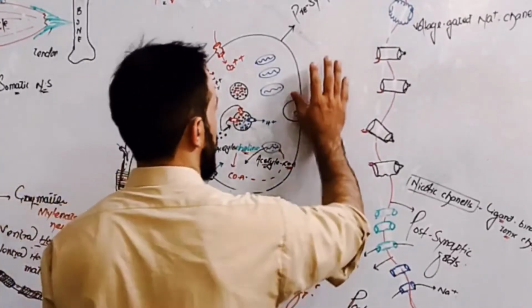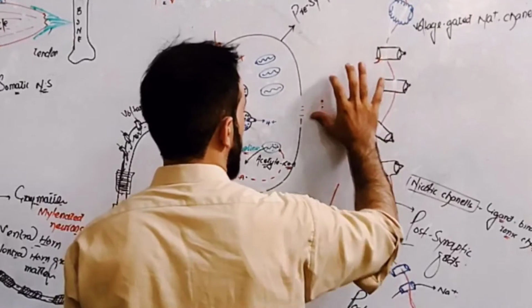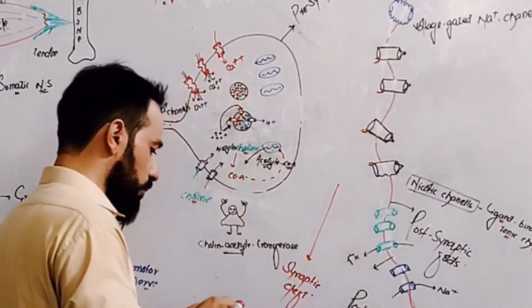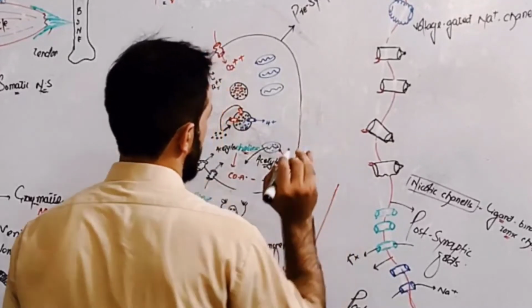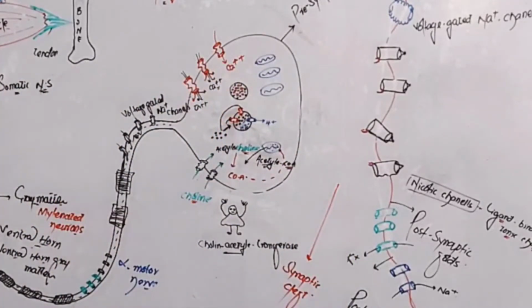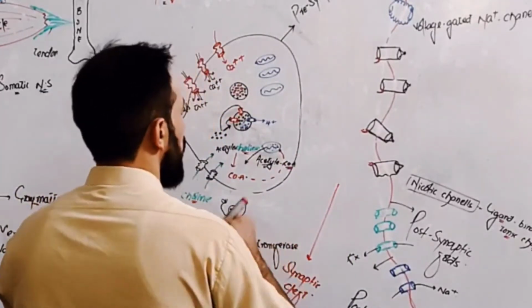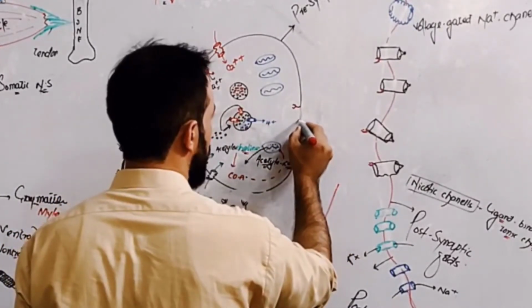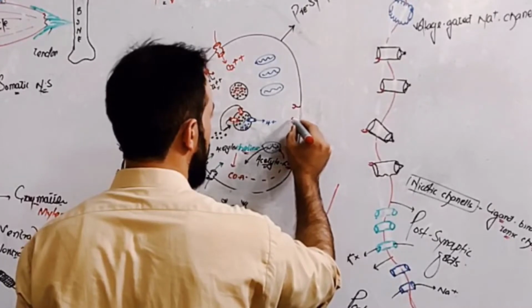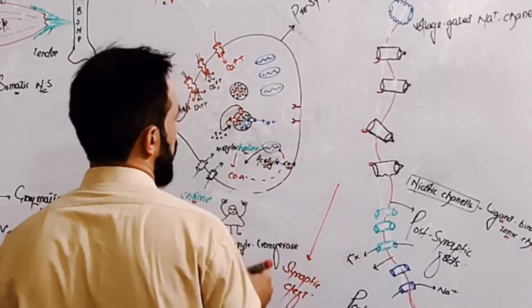Now look carefully, friends. In this presynaptic membrane, there are special types of proteins present. This is our presynaptic membrane, and in this area there are special types of proteins found, right? And the names of these proteins I will write right now.